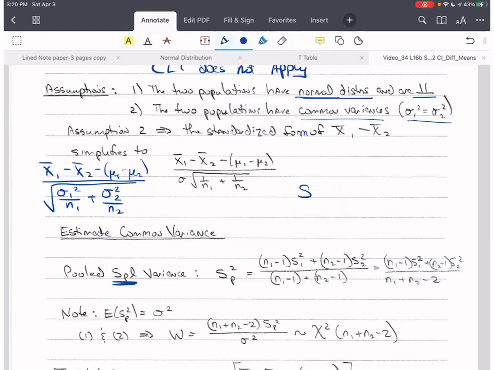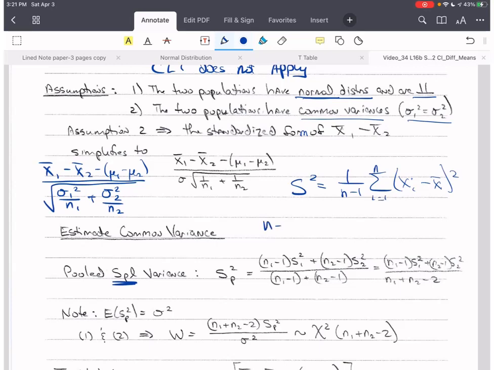Remember that s squared is 1 over n minus 1 times the sum of xi minus x bar quantity squared.